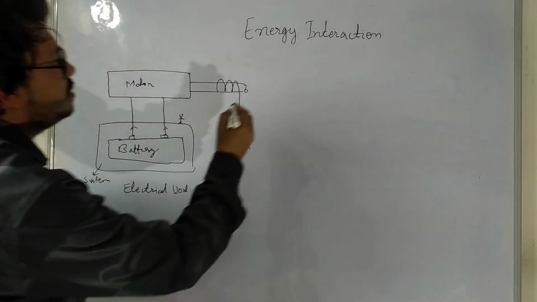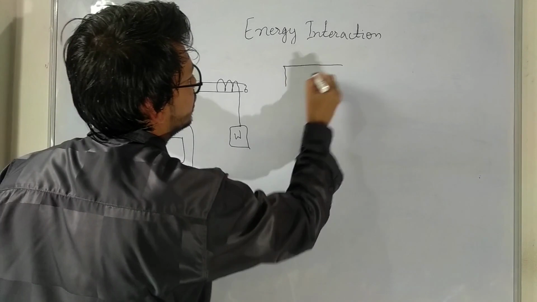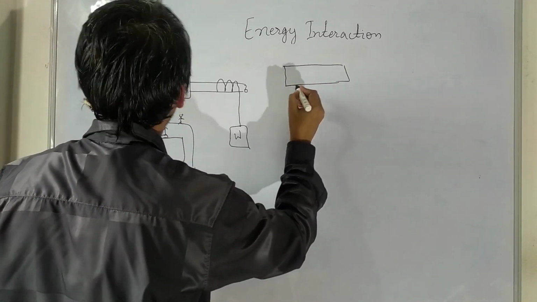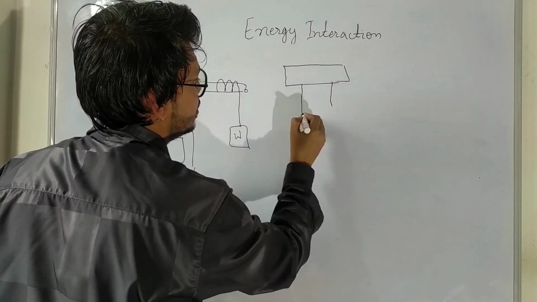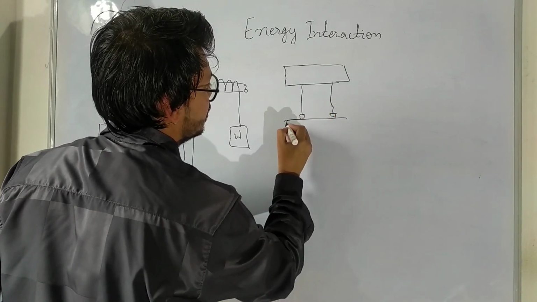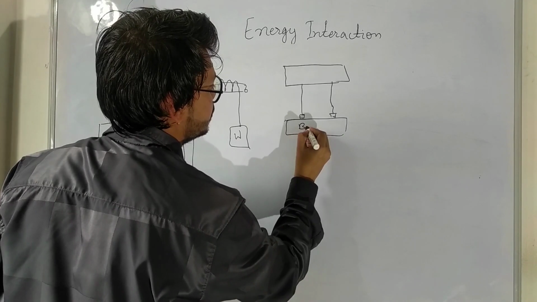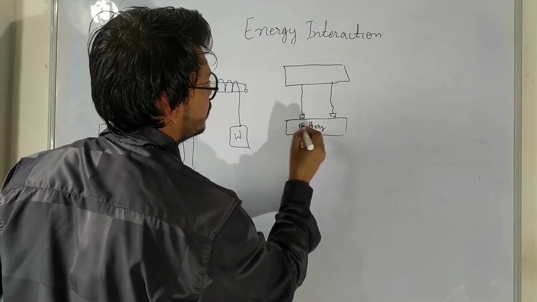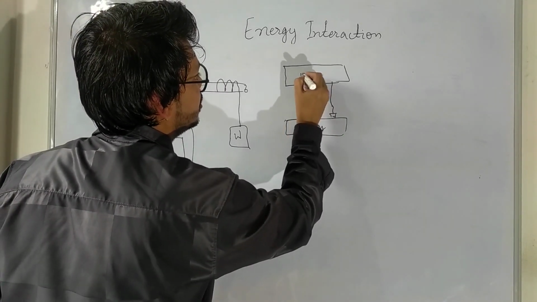Now the same example, if we change the boundary of the system, this is our initial example. This is the battery and this is the motor.